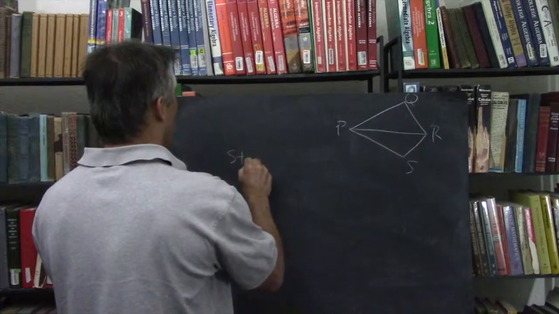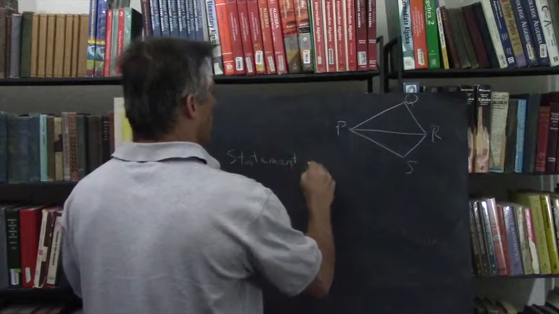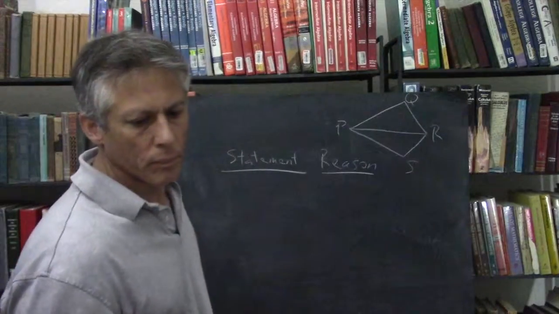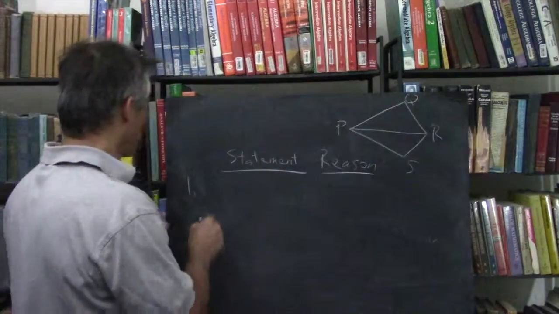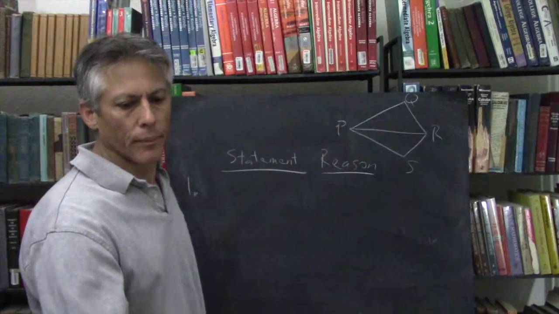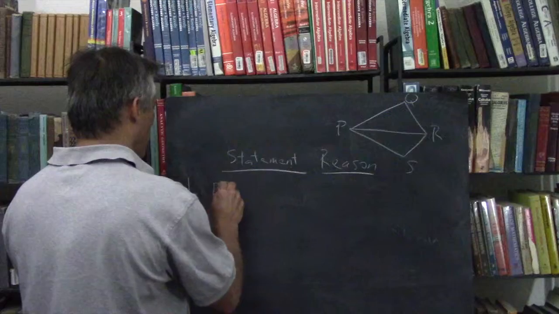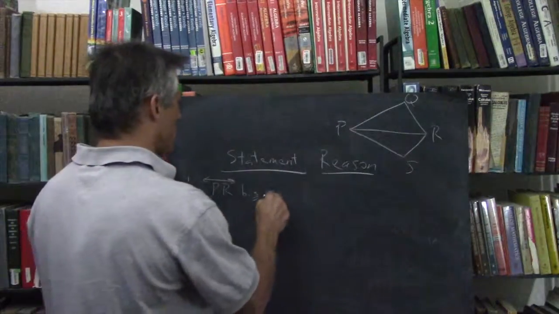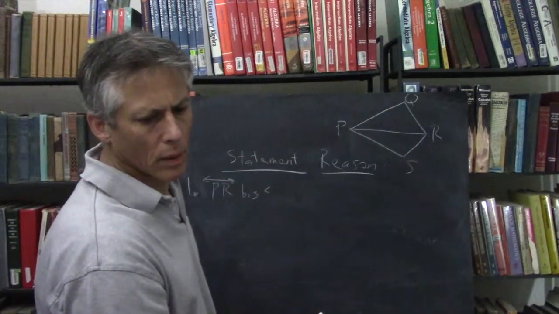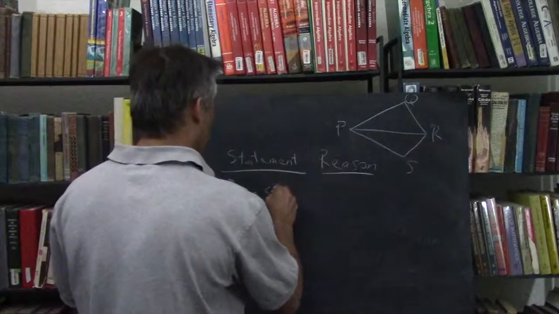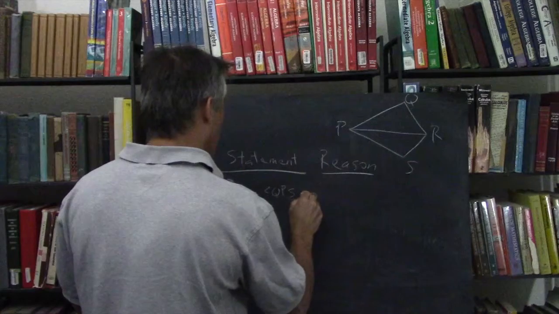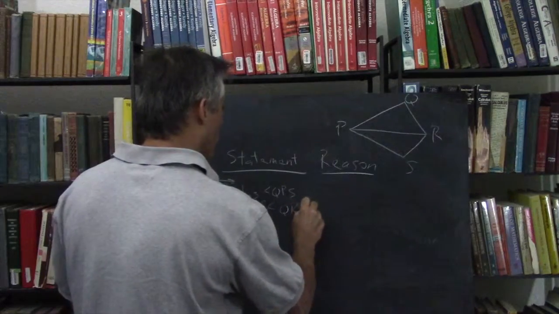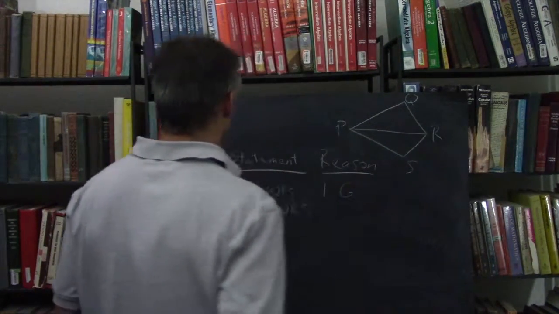So number 1, PR bisects angle QPS and QRS. Okay, and that's given.